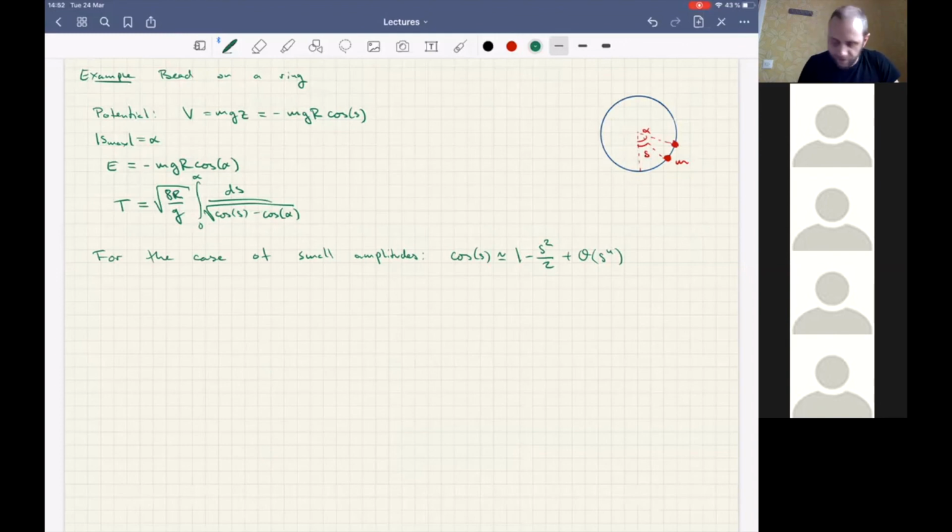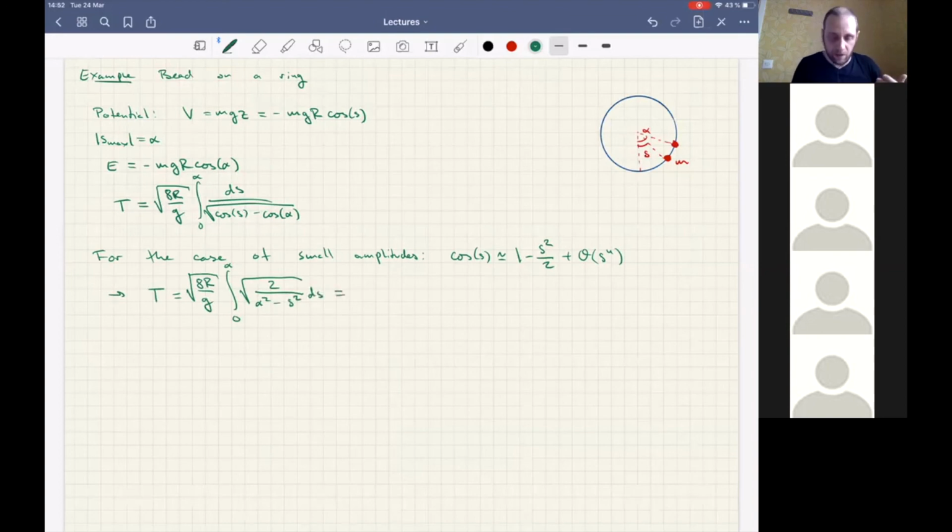If I do that, I have T equal to the same prefactor, 8r over g, times the integral from 0 to alpha of the square root of 2 divided by the difference, alpha squared minus s squared, ds.